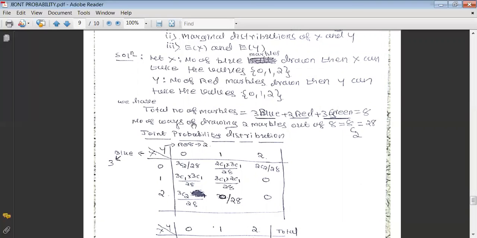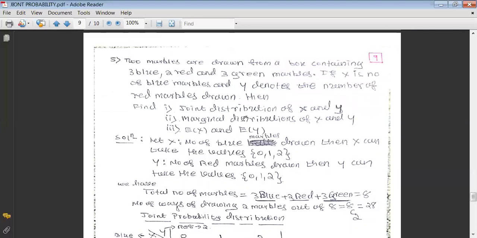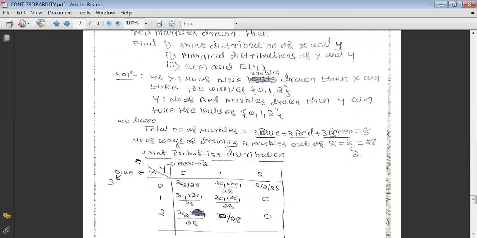In this case, x takes the value 0, 1, 2 that we have written here, and y takes the value 0, 1, 2, where x represents number of blue marbles drawn and y represents number of red marbles drawn. And from the given information, we have there are 3 blue marbles, that's why we have written blue equal to 3 and red equal to 2.